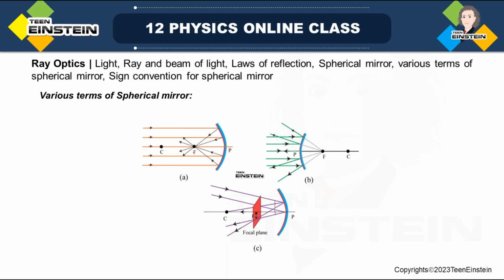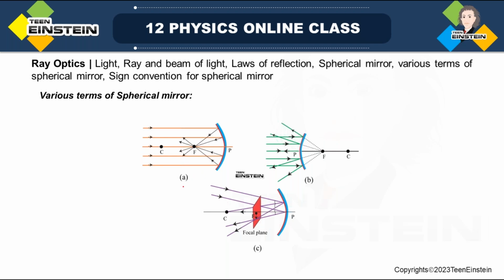Okay, so focus is a point on the principal axis through which the parallel rays pass after reflection. This is in case of concave mirror.